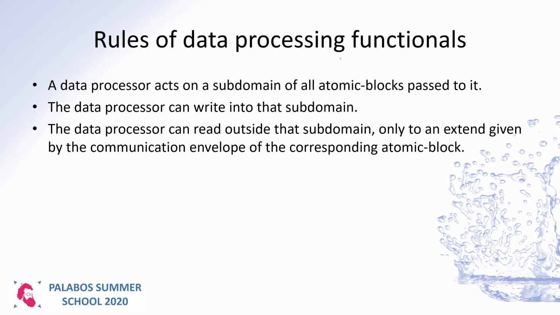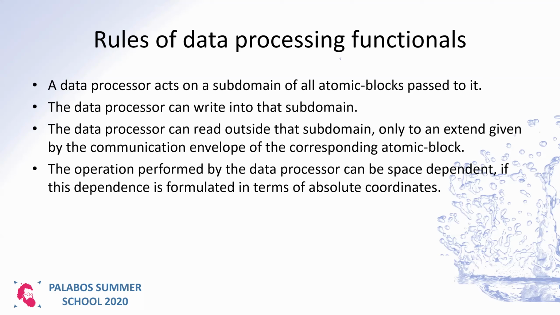You are allowed to read data outside of the provided domain within the reach of the envelope. If the envelope is 1, you can do read accesses outside the domain by an extent of 1. If the envelope is 2, then you have a reach of 2. But outside the subdomain, you cannot have write accesses. If you write outside the domain, what you are doing will have no effect, because your data is going to be erased by the subsequent communication process of Palabos.